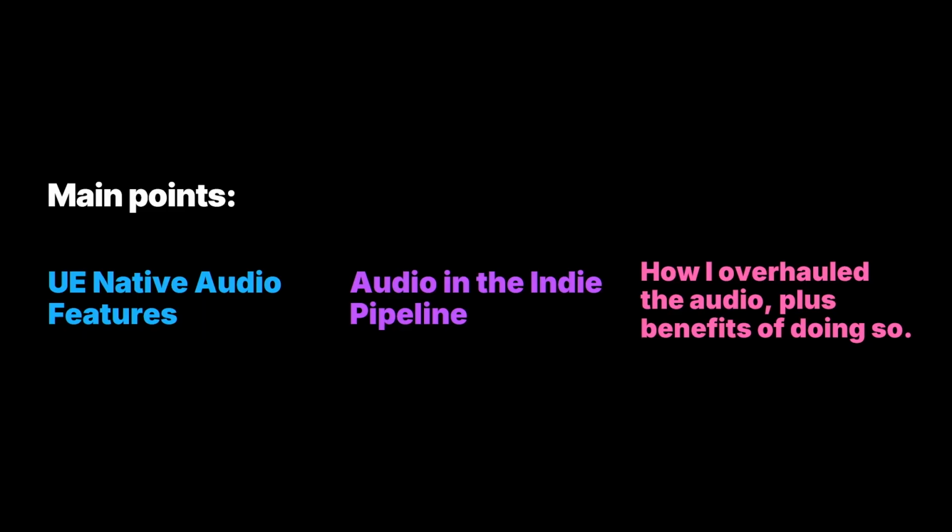The main points are: UE's native audio features, many new things in Unreal Engine 5, and more that keep being added for each release version, and then audio in the indie pipeline, and how I overhaul the audio, plus the benefits of doing so. First, some gameplay to get the idea.